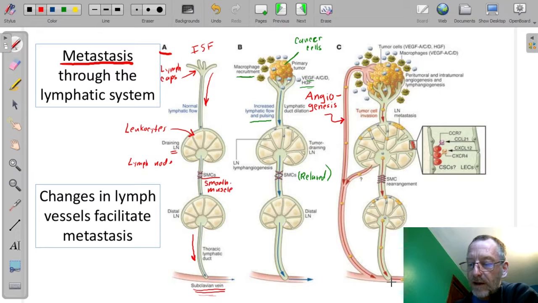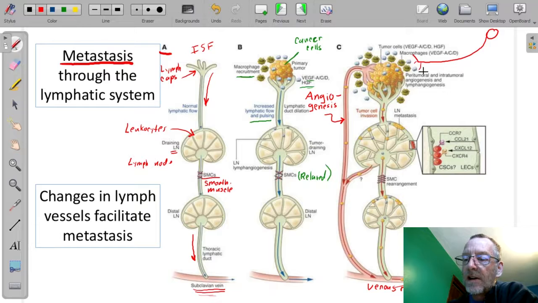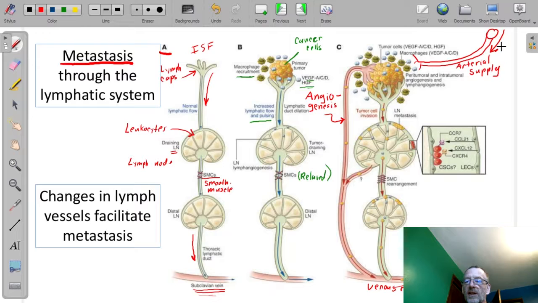And this is flowing back through our vein, so this would be our venous return back to the heart at the bottom. What they haven't drawn, but you could put in if you wanted to, you would have an arterial blood supply also that develops. So increased blood flow to the tumor to feed the tumor cells.